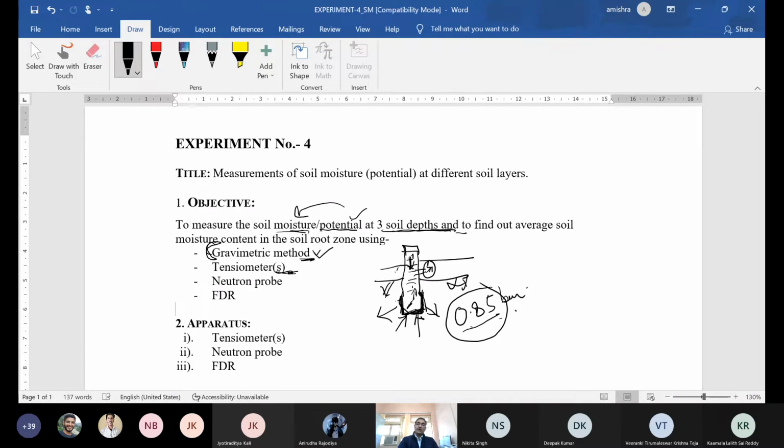Soil wise also you need to learn where these methods can be used, or what are the benefits and limitations of these methods. So soil wise, we are seeing tensiometers are most suitable for sandy soils.